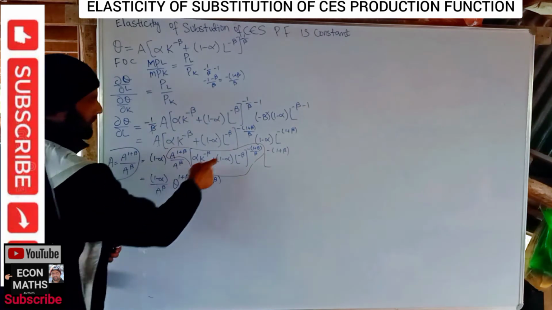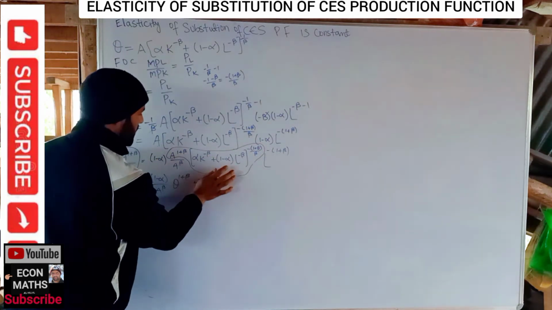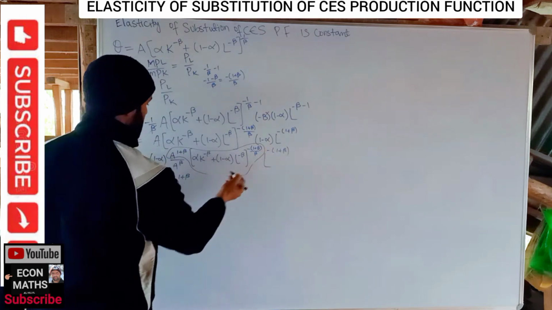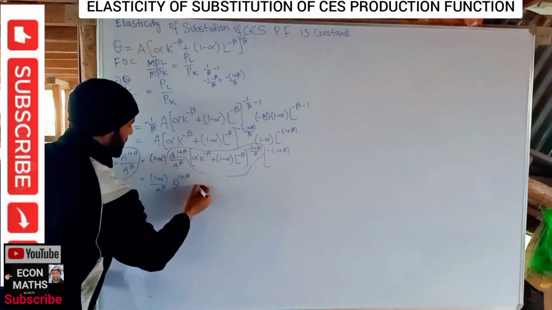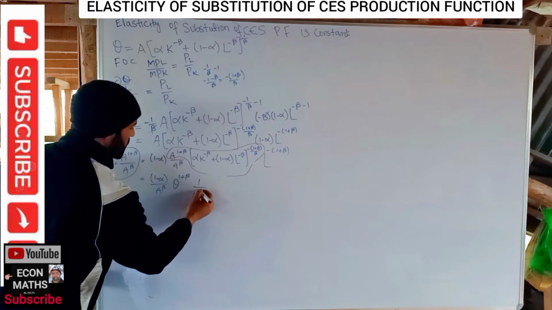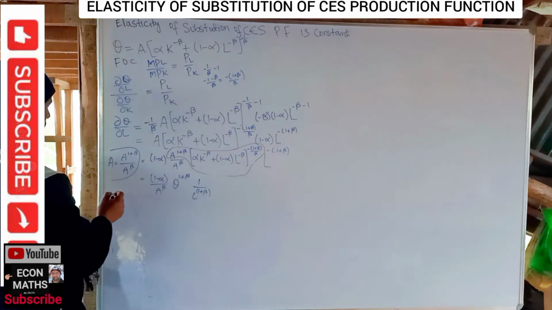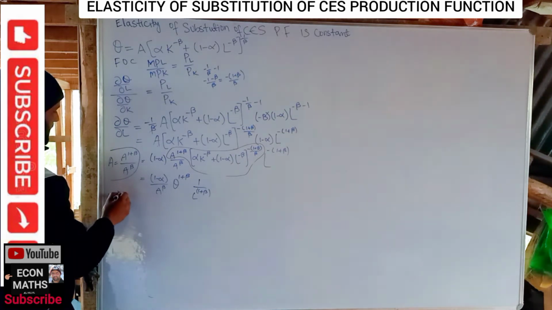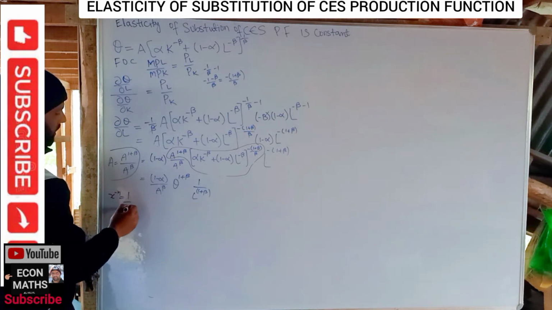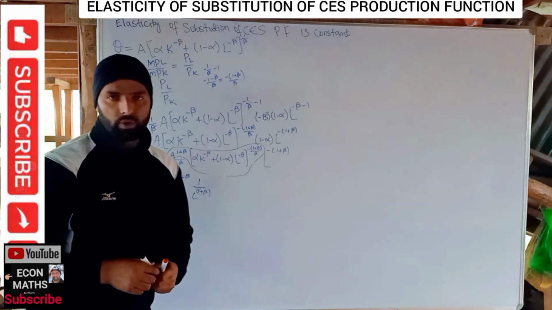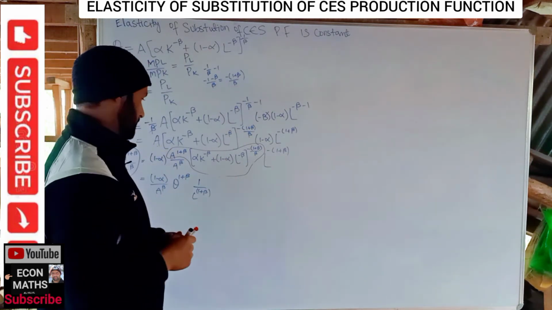So in place of L, to save space, I will simplify it here. In place of this, I can write 1 divided by L to the power 1 plus beta, by the very simple rule, as we know, x to the power minus n is equal to 1 divided by x to the power n. The exponent becomes positive and we take it to the denominator.